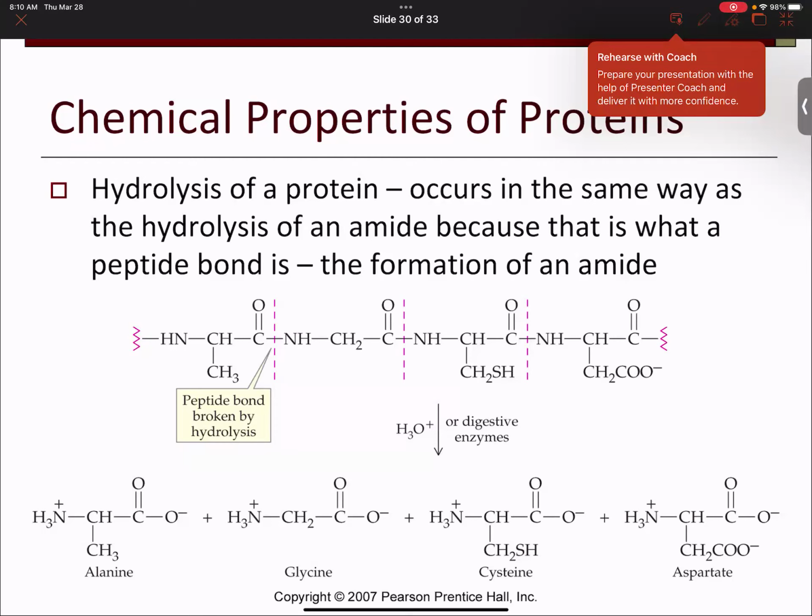And then we will get leucine, phenylalanine, glycine, alanine as our third fragment. Any questions about that?